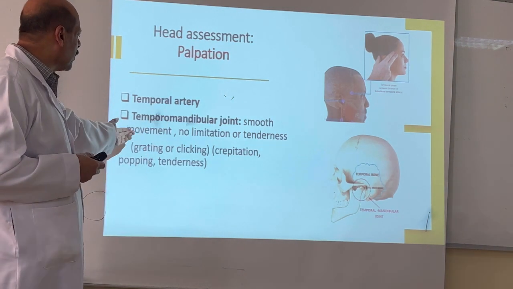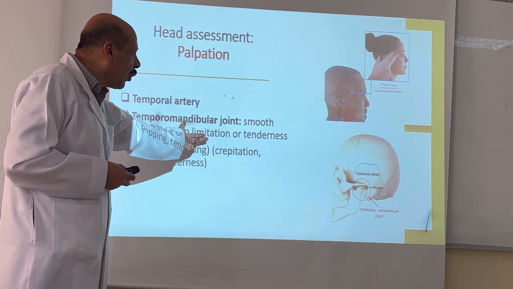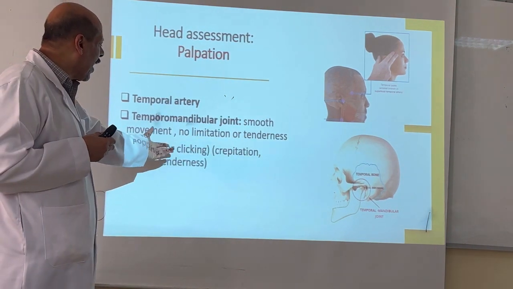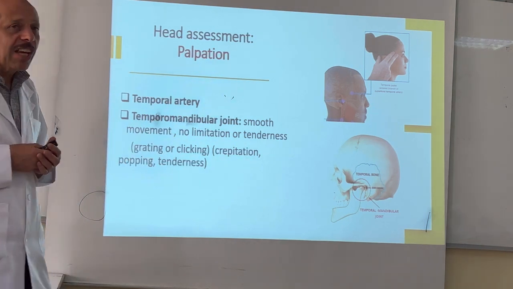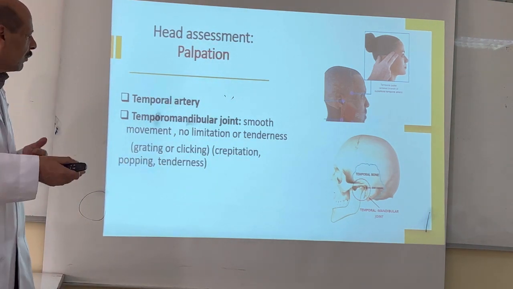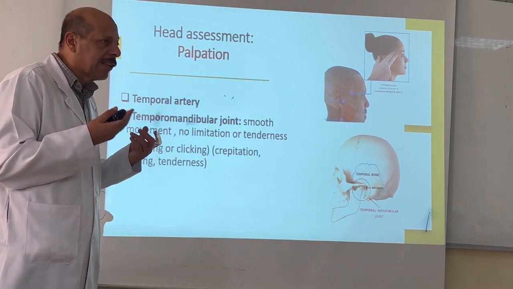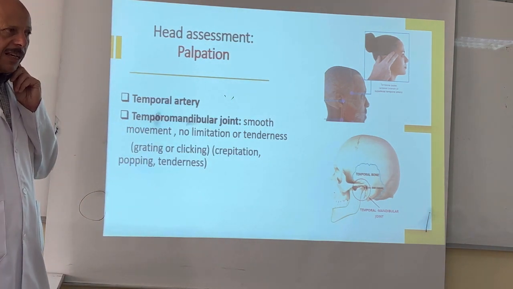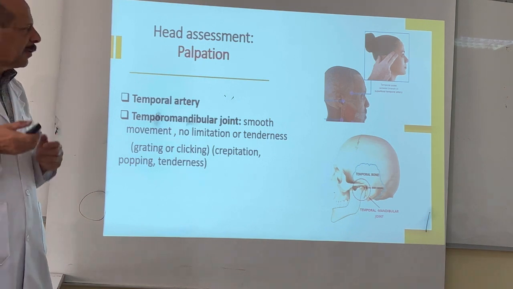So the temporomandibular joint: smooth movement, no limitation, no tenderness when we touch it, no guarding, clicking or crepitation. If a sound is there, it means either infection or fracture.